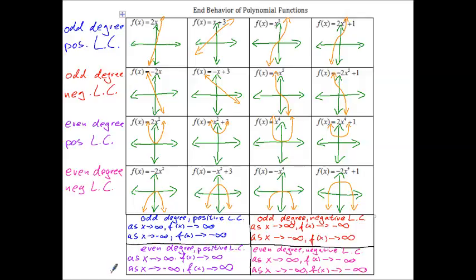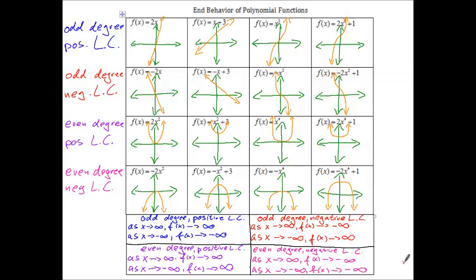And as x goes to negative infinity, f of x still goes to positive infinity. Functions with an even degree and a negative leading coefficient, then as x goes to positive infinity, f of x goes to negative infinity, and as x goes to negative infinity, f of x still goes to negative infinity.